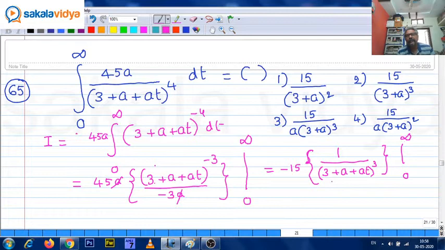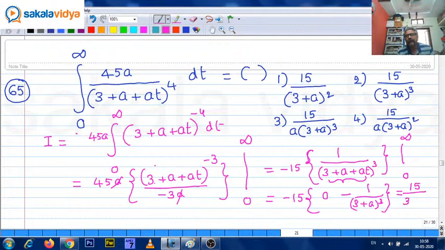As the limit extends to infinity, this becomes infinity, 1 by infinity is 0, so minus 15 times 0 minus 1 by, in the place of t substitute 0, 3 plus a whole cube. So this will be minus 15 into minus 1, 15 upon (3 plus a) whole cube. So that means the second option is the right option.